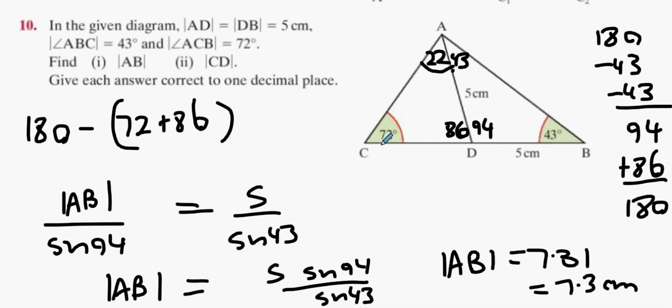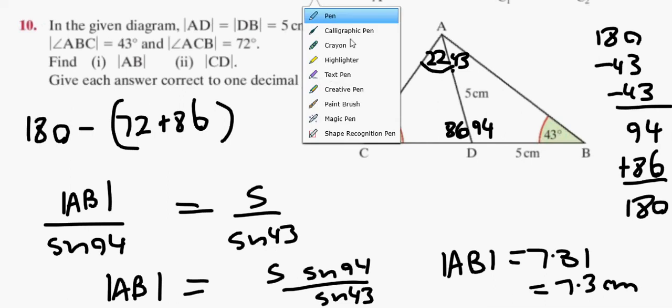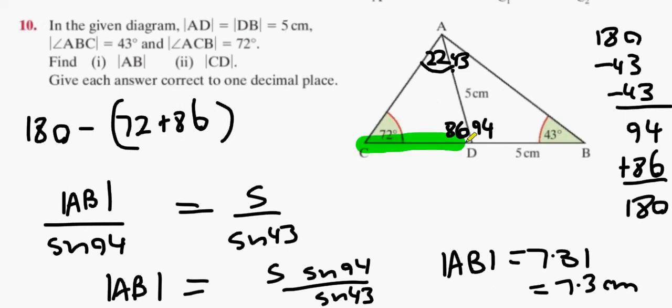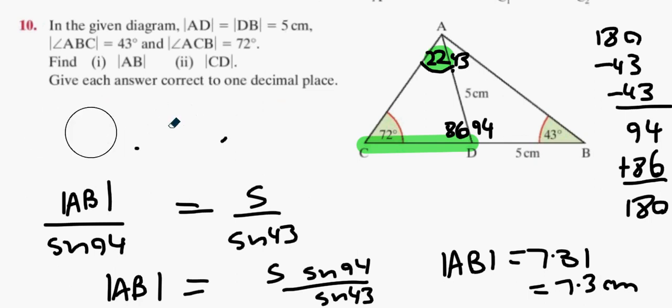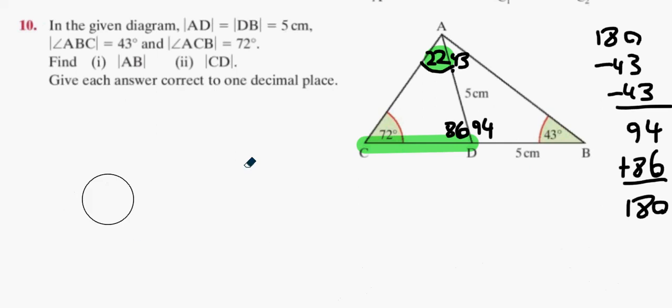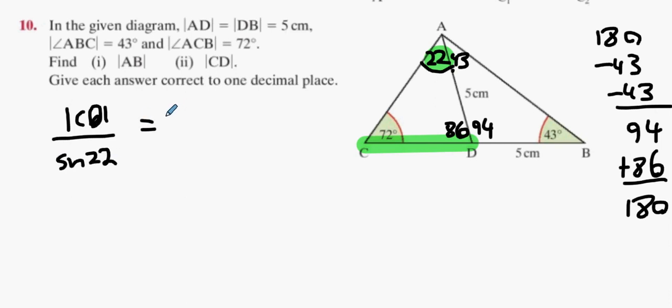C to D, which is this length here, it looks at the angle 22. So what we can do here is C to D over sine 22 equals 5 over sine 72.